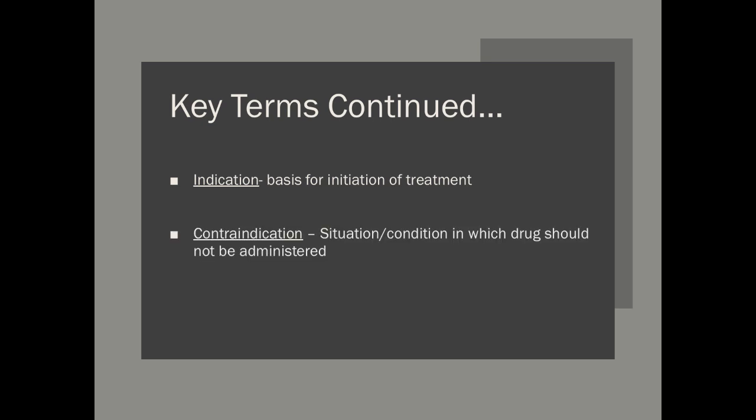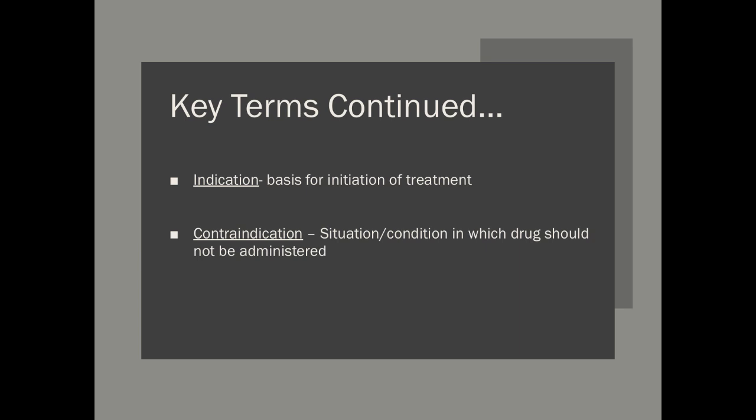Then for that drug, let's say Benadryl or diphenhydramine, we have some indication for that medication. So that tells us that we should be giving this medication. Without an indication, I'm not going to be giving Benadryl. But if I see an indication, like an allergic reaction, I'm going to give Benadryl. Then we have contraindications. Even though I see an indication, there might be something that says, wait, time out, let's not give this drug if they're contraindicated.